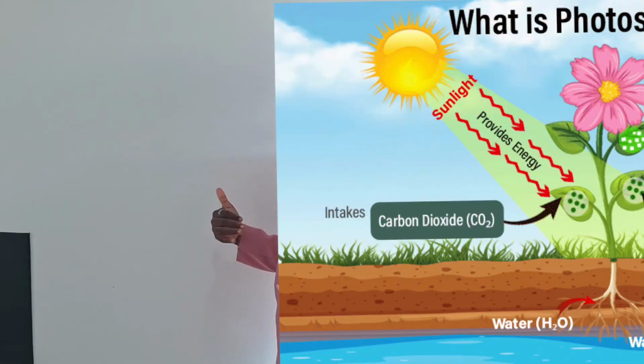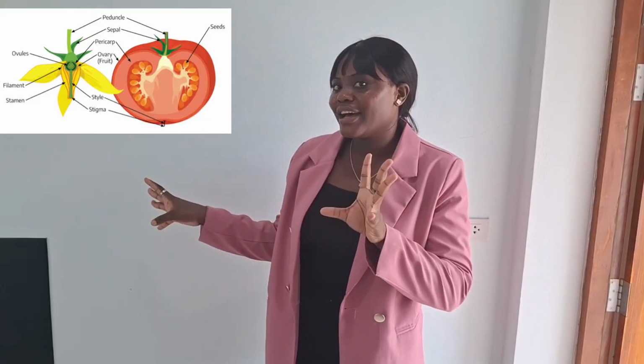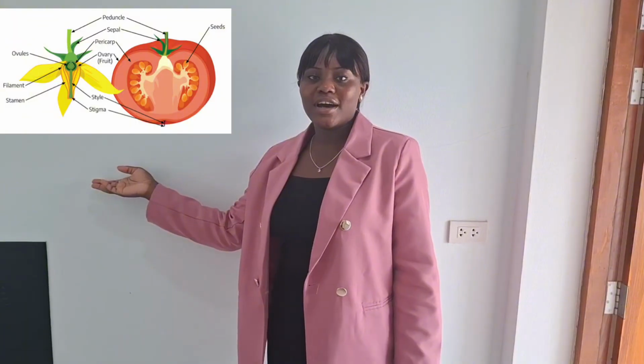And us humans breathe in oxygen and they take in carbon dioxide. And remember, the next process is the flower. You start seeing flowers on the plant, and the flowers result into a fruit. So do not forget where we start from.